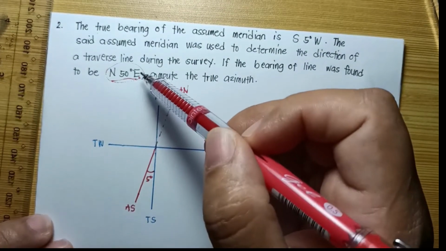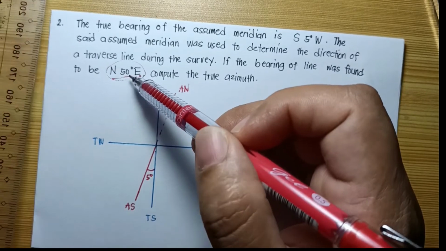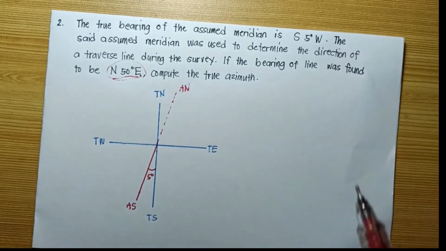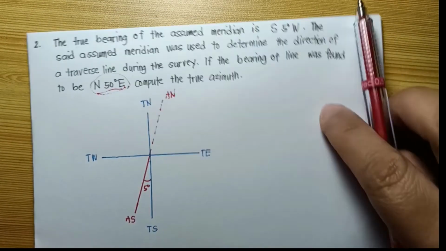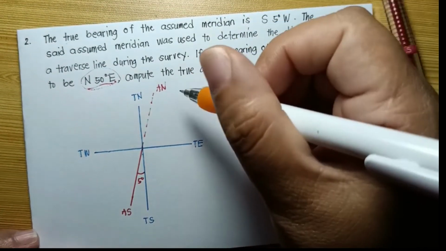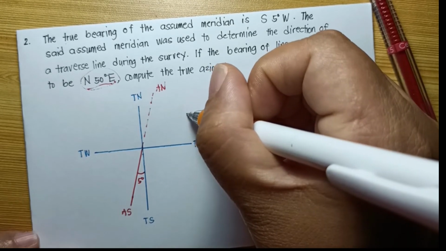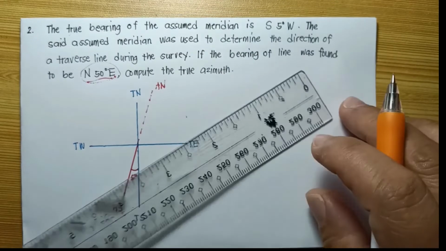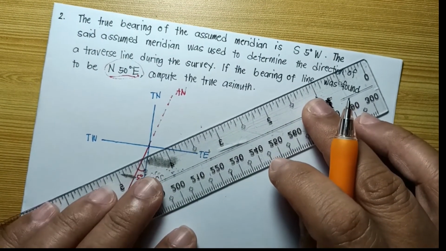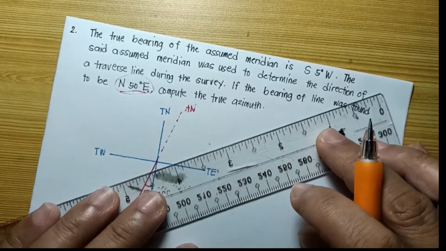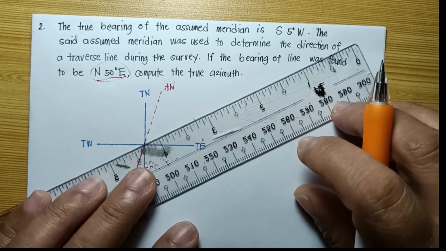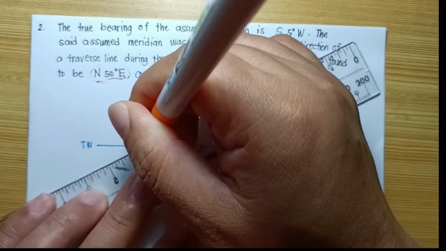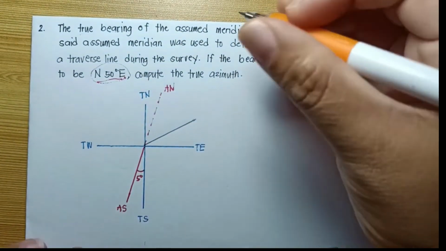So where is 50 degrees east? It is somewhere in this quadrant, and that is the line. So the line goes in that direction.